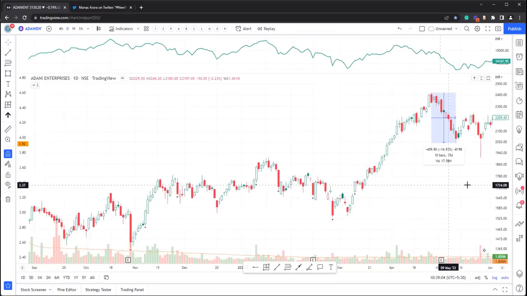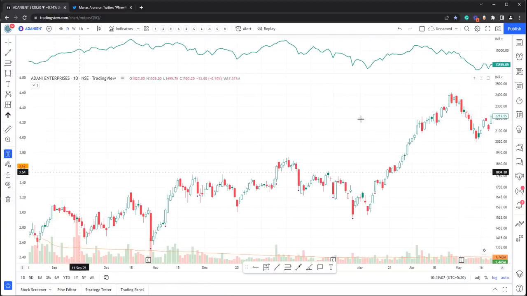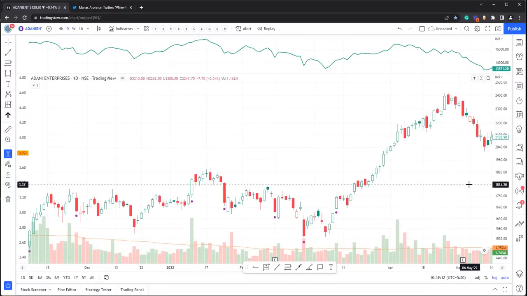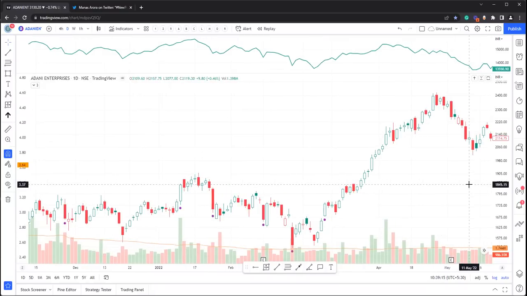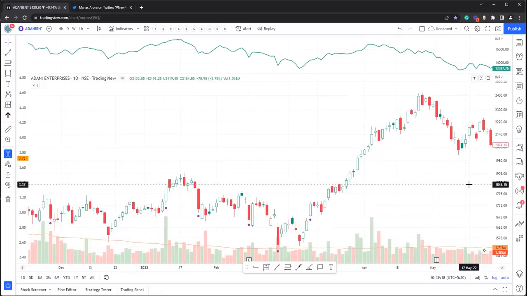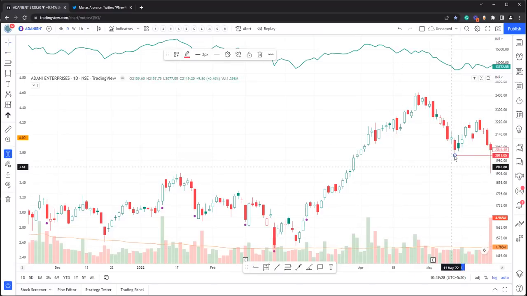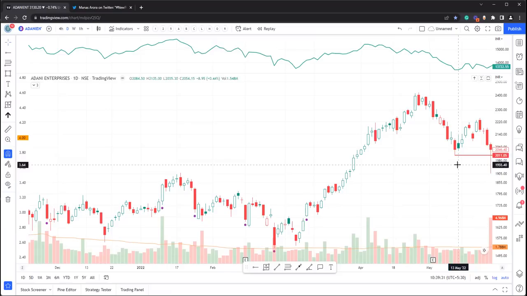Then after this very normal natural correction, the stock goes up and gives this very massive shakeout bar, which undercuts this low. This is called resetting the base. A lot of weak hands are out on this day, and the stock closes back almost near the day high.